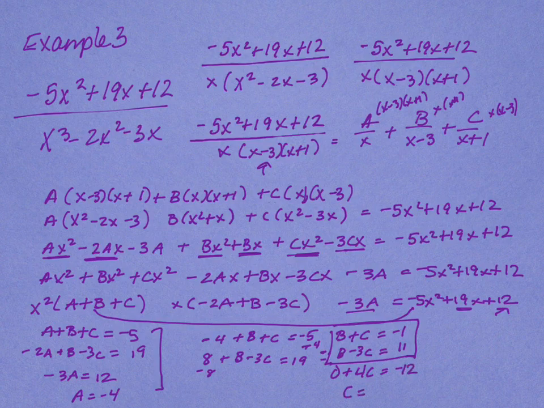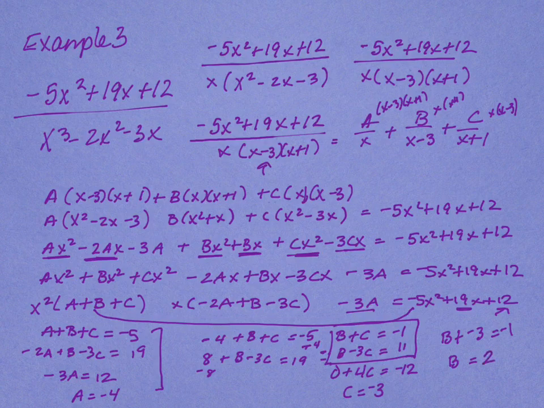So c is equal to negative 3. So I have a and I have c, and now it said b plus c is negative 1, so b plus negative 3 equals negative 1, so b equals negative 1 plus 3, so 2.